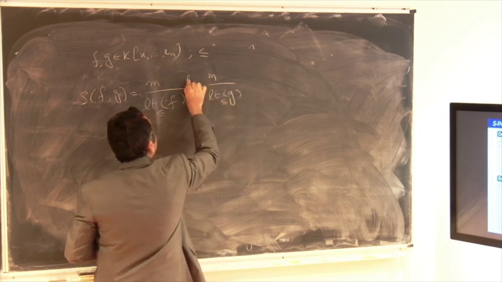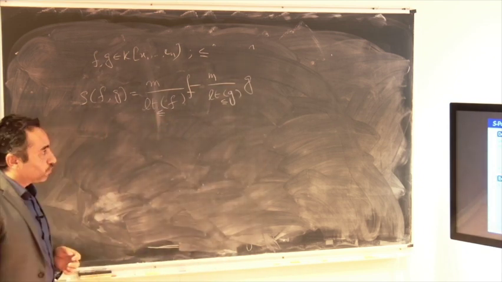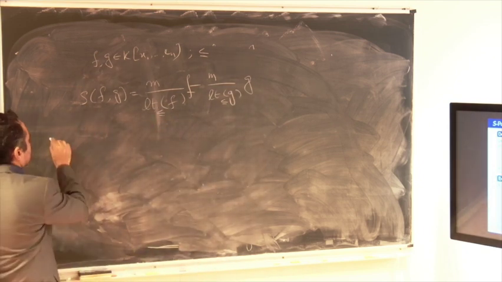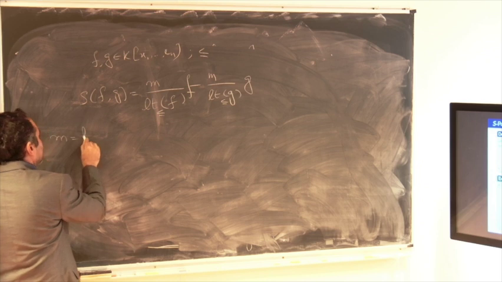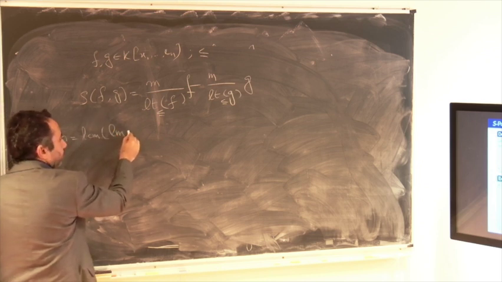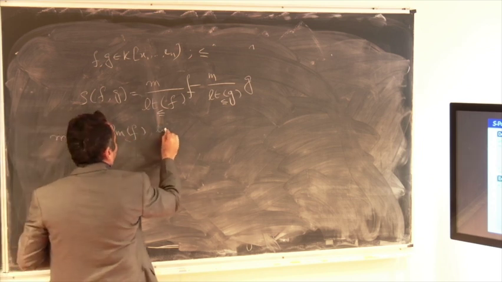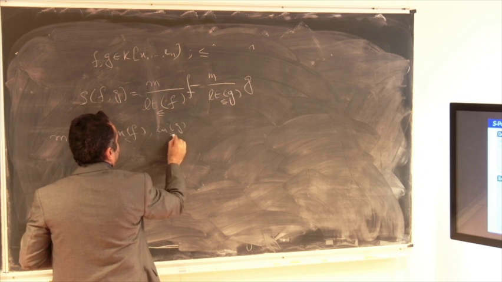We multiply this factor with f and this factor with g, where m is the LCM of the leading monomial of f and the leading monomial of g.